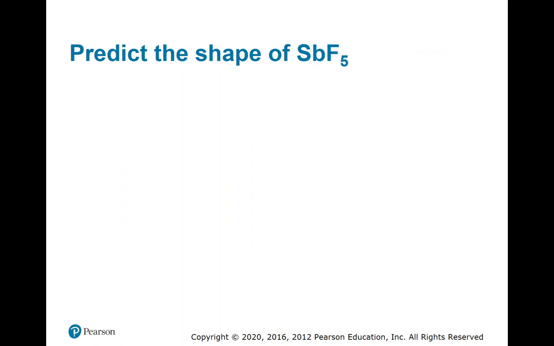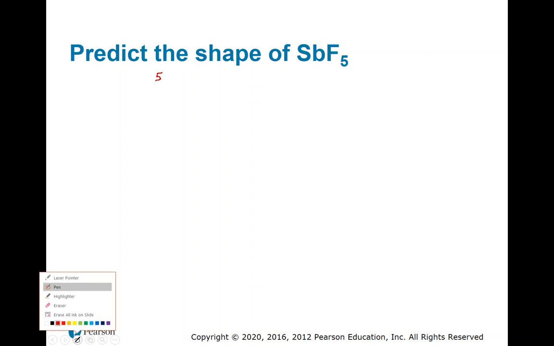So, for our first example, we're asked to predict the molecular shape of SbF5, antimony pentafluoride. For any of these examples, we need to come up with the correct Lewis structure first. Antimony on the periodic table, Sb, is in the same column as nitrogen, so it's going to have 5 valence electrons.